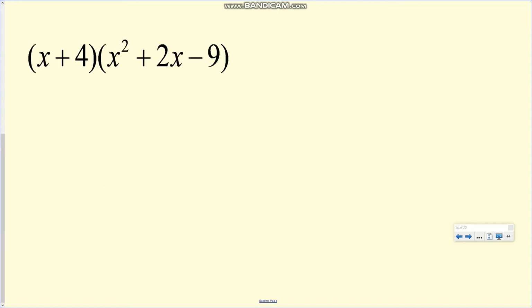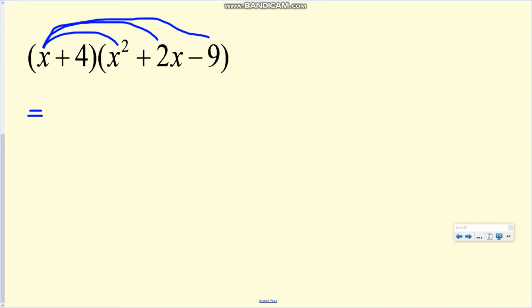Okay, so for this, we need to use kind of an extended version of first, outer, inner, last. So we're going to multiply our first term in our double bracket by each of the terms in the triple bracket. So it's first, middle, outer, which is a little bit confusing.